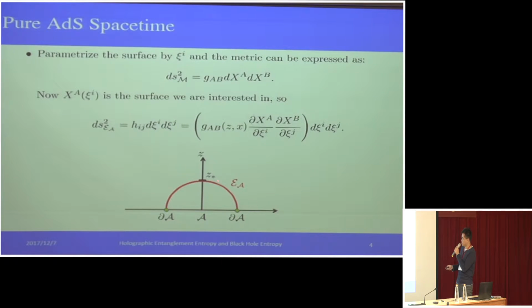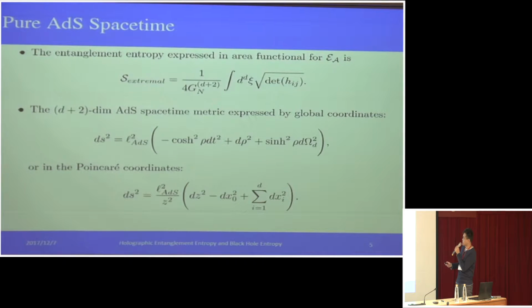So now we have to find the induced metric on this minimal surface, which is written like this. It's just the induced metric of a one-dimension lower surface in this bulk geometry. Once I have the induced metric, the area of this minimal surface is found by calculating this functional.